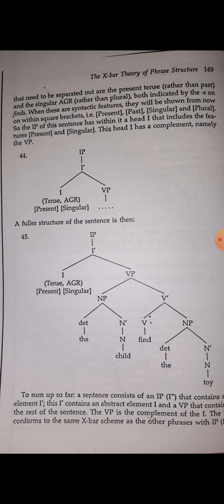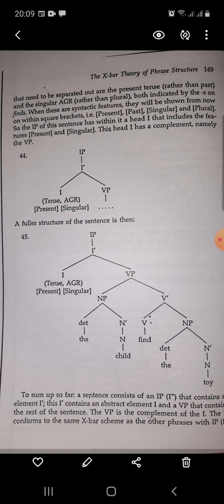And further, sisterhood. In sisterhood, we find a verb phrase, find the toy. So overall this sentence will be taken as inflectional phrase having inflection bar I, tense, and then at the same level sisterhood we find a verb phrase, and that verb phrase has further got a V complement, V bar.